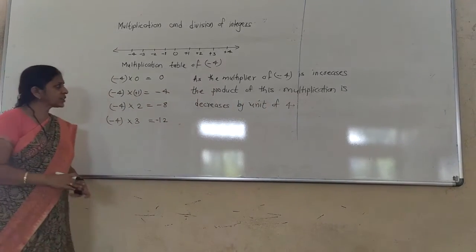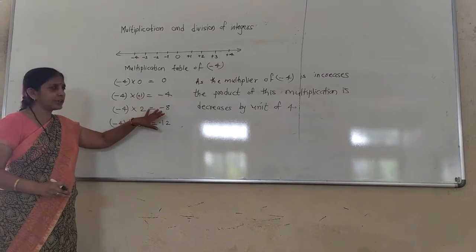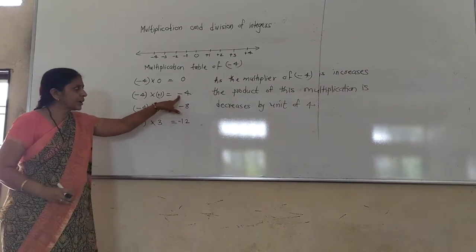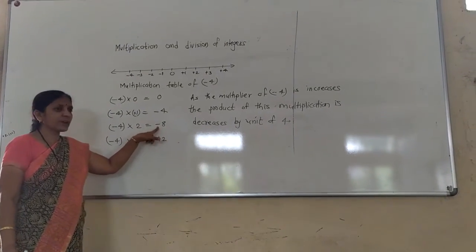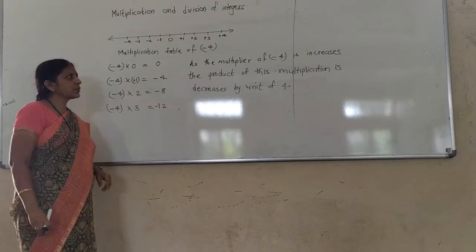Each time it decreases by 4 units. Minus 4 decreased by 4 units becomes minus 8. Minus 8 decreased by 4 units becomes minus 12.